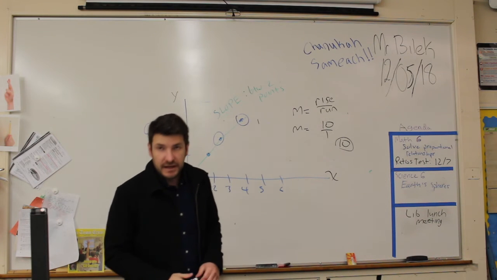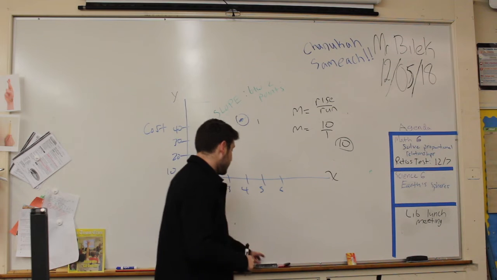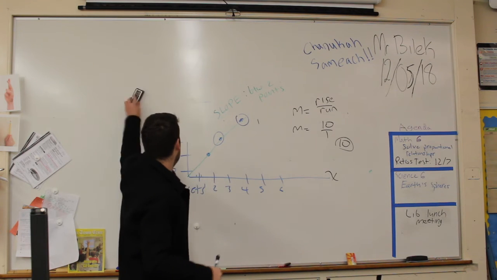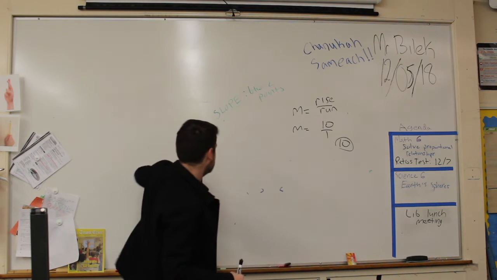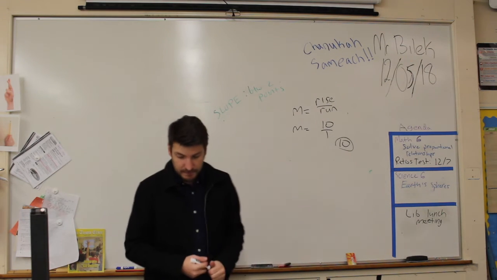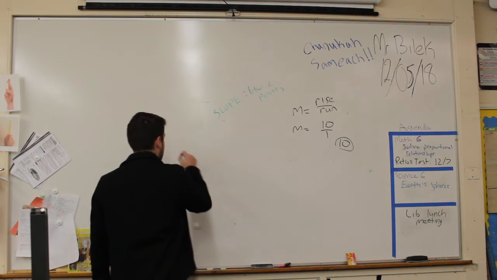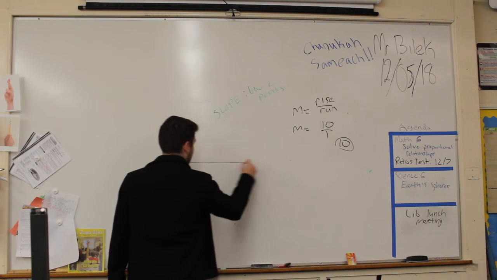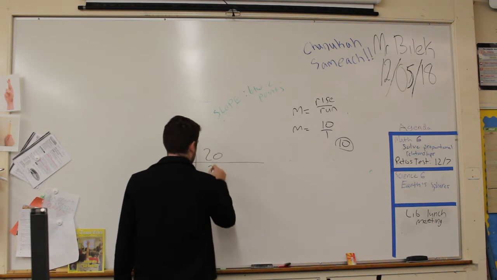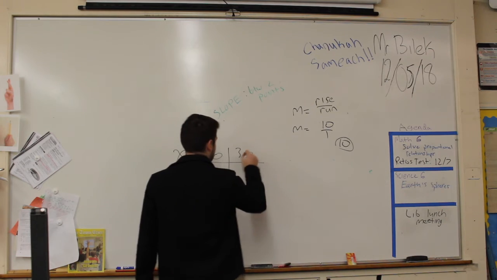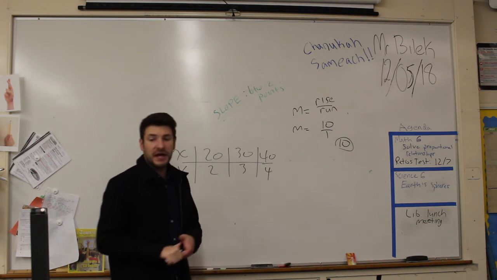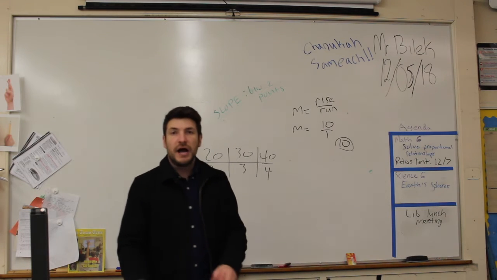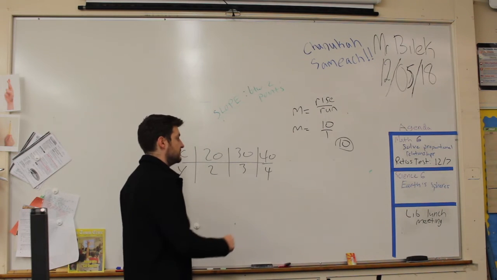Now, if you didn't have a graph and I just gave you 2 points, you could also find slope by using our formula. For example, if I said x and y, and I said 20 to 2, 30 to 3, 40 to 4, you're going to pick 2 points and find the slope by using the formula.